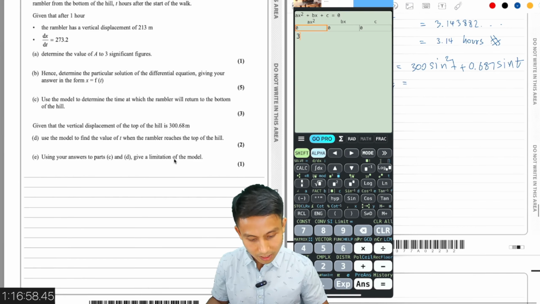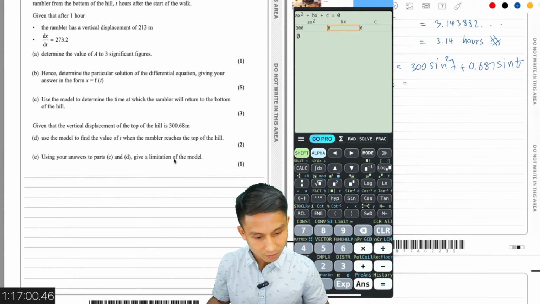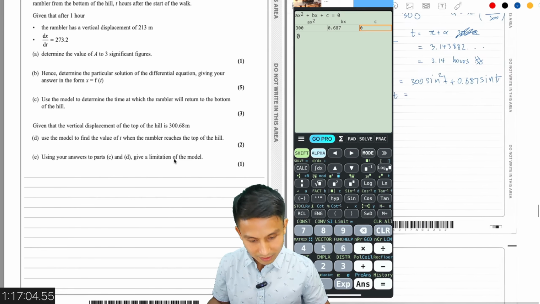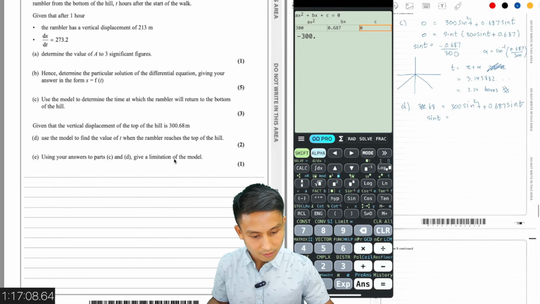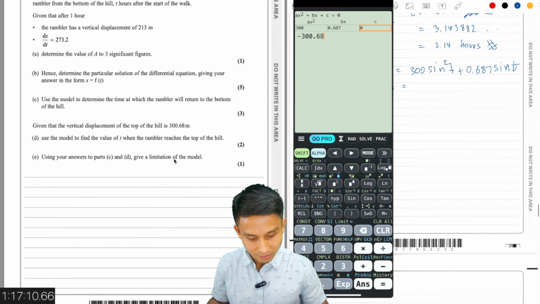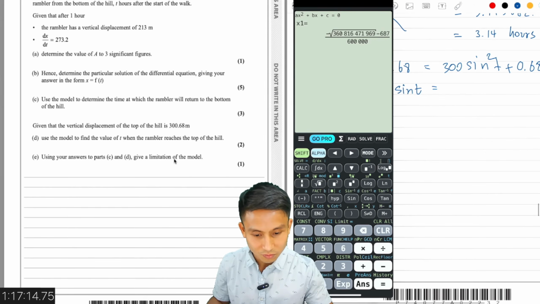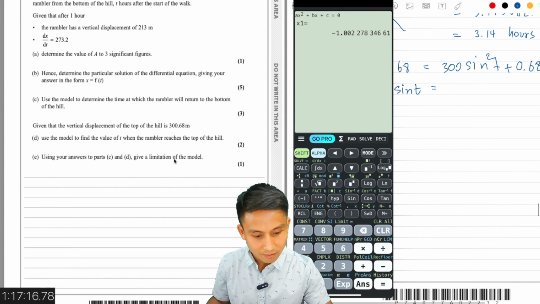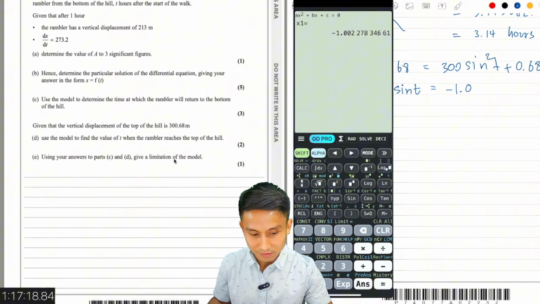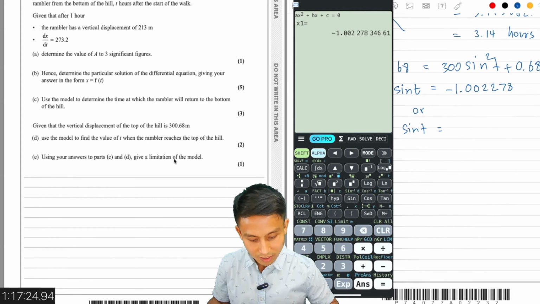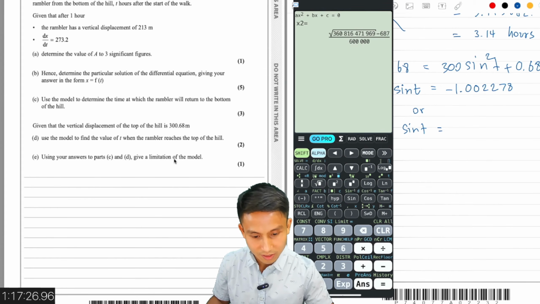So that's 300 for the first one. The second one is 0.683, and the third one is minus 300.68. Similar number there at least. Okay, so the first one is, ooh, that's horrible. Okay, minus 1.0. Wait, that's over 1, right? This is no solution. Or sine t equals, the other one I hope should work.